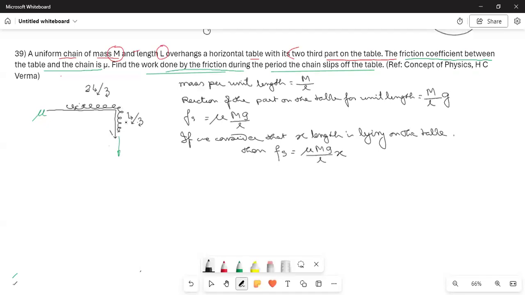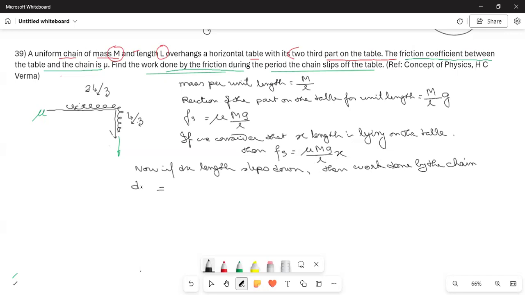Now, if dx length slips down, then work done by the chain is this force multiplied by dx.